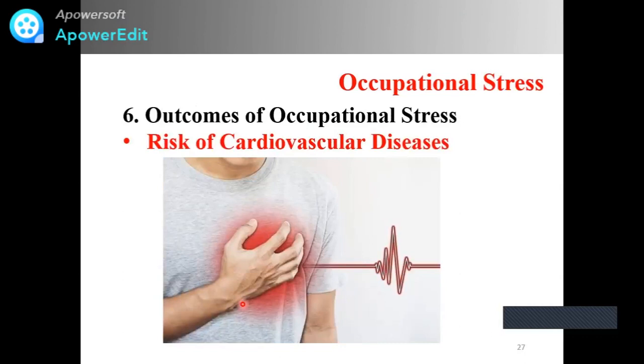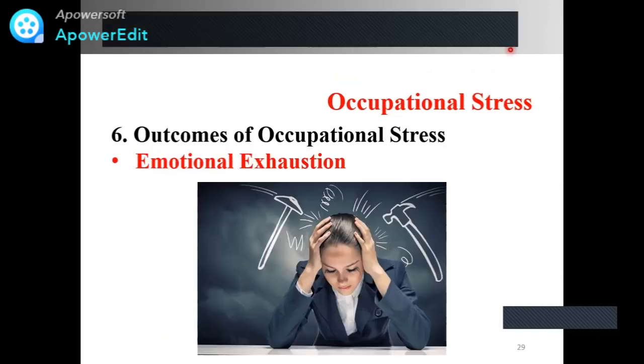Increased risk of cardiovascular diseases. Studies suggest that high levels of cortisol from long-term stress can increase blood cholesterol and blood sugar as well as blood pressure. These are common risk factors for heart diseases. Emotional exhaustion.